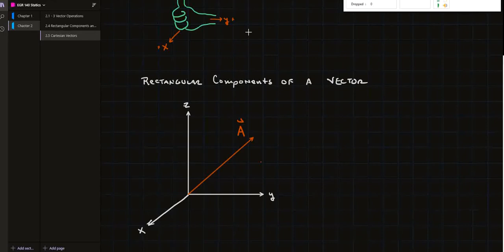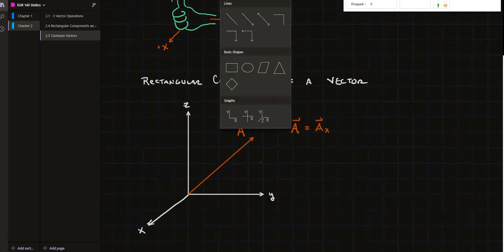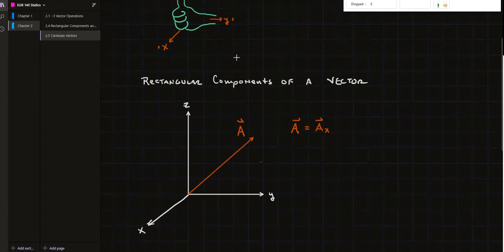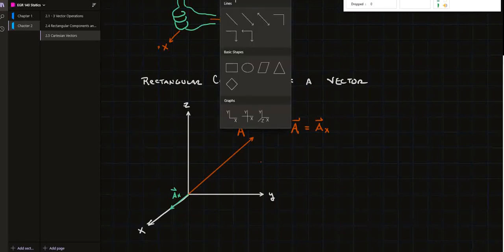Vector A is made up of 3 mutually perpendicular components. You're going to have an AX component, which, let's do these in green, comes down this way. AY will head off in this direction.